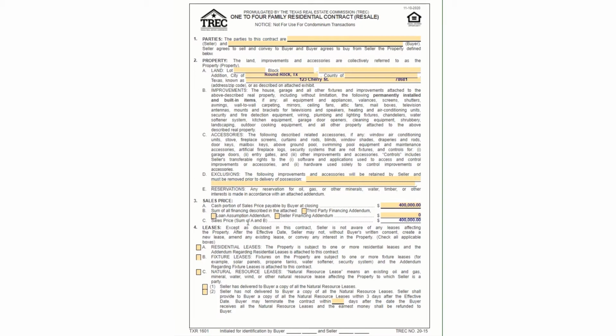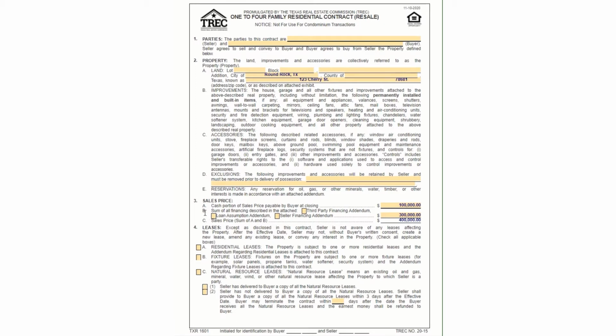And the sales price would be the sum of A and B, $400,000. In the event the buyer needs a loan, let's say the buyer has $100,000 in cash that he's going to contribute to this deal. He's going to need a loan of $300,000. So 100 and 300 equal $400,000 for the sales price.